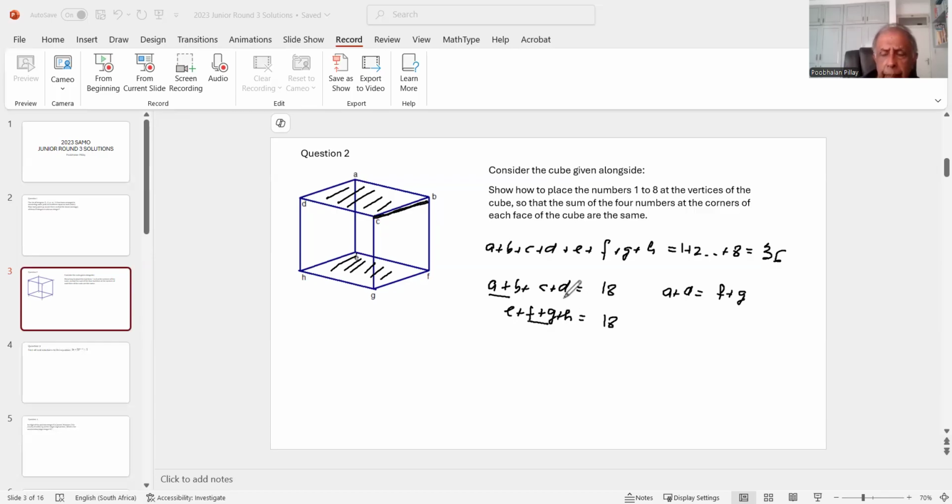So let's see what these pairs add up to. Suppose I take A plus B plus C plus D is 18.